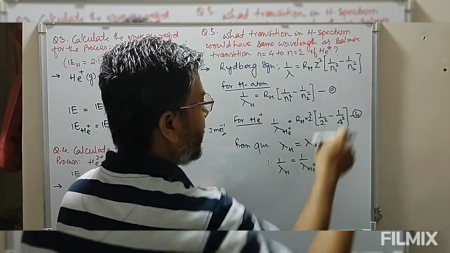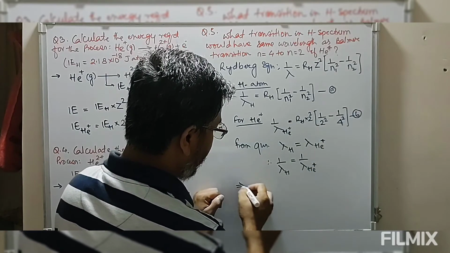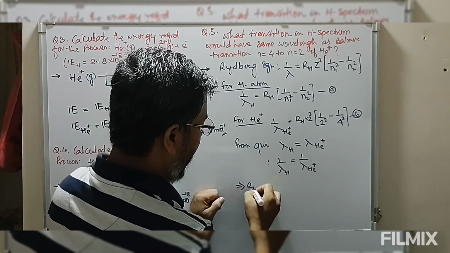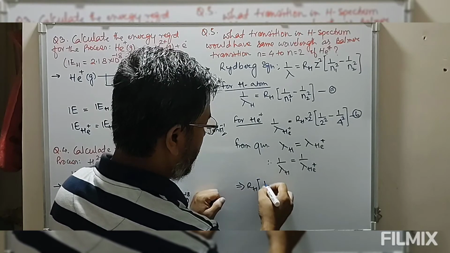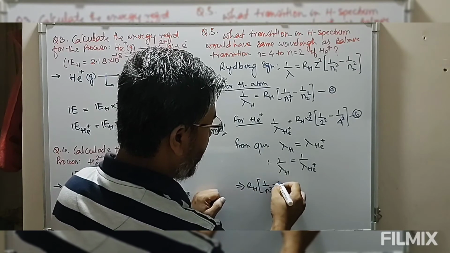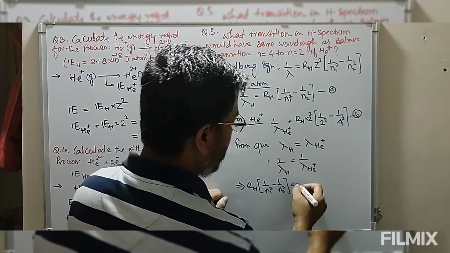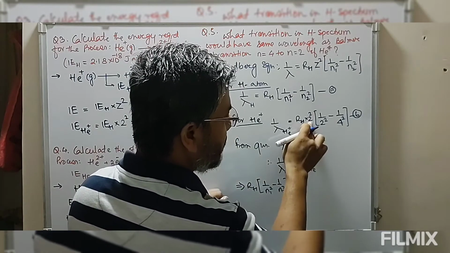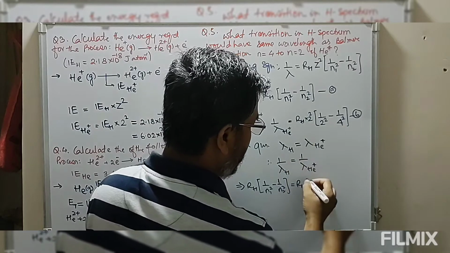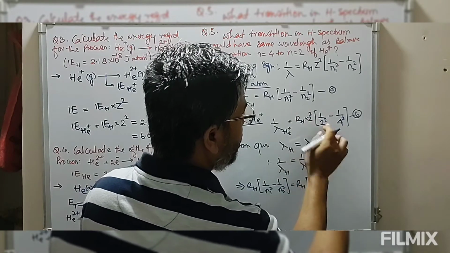So from A and B we get RH into 1 by n1 square minus 1 by n2 square is equal to RH, and now we multiply this by 2, so 2 square will cancel out.